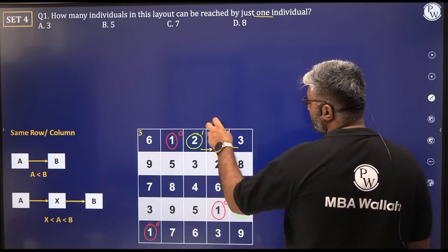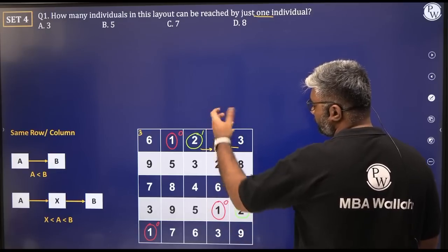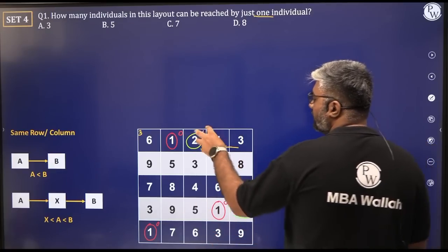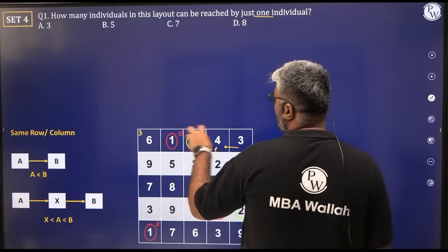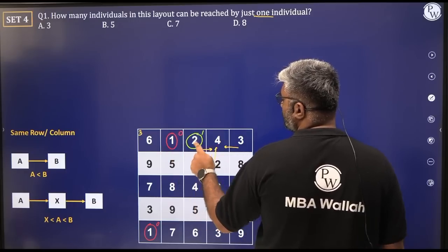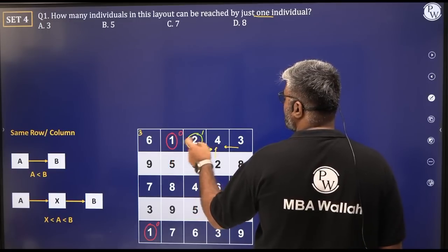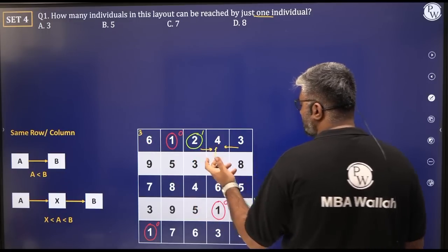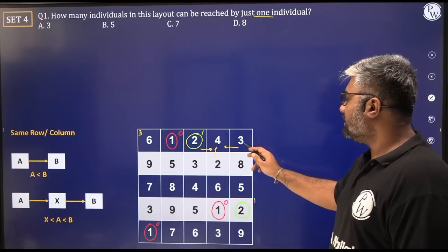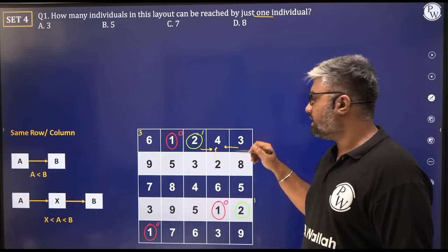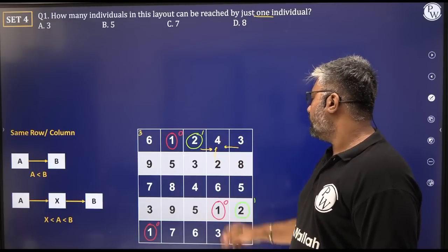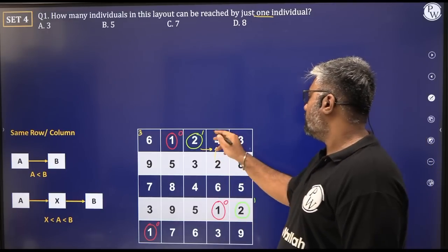If 6 to 4 is not possible, then from 1 to 4 or 3 to 4, any which ways won't be possible. From here only 2 to 4 is possible. 1 to 4 is not possible because 2 is greater than 1. 6 to 4 is not possible because 1 and 2 although are lesser, but 6 has to be less than 4, but it is not. Right? There is no problem on this side because this is the corner, so we are safe here. So the number of places that 4 can be reached out would be 3.